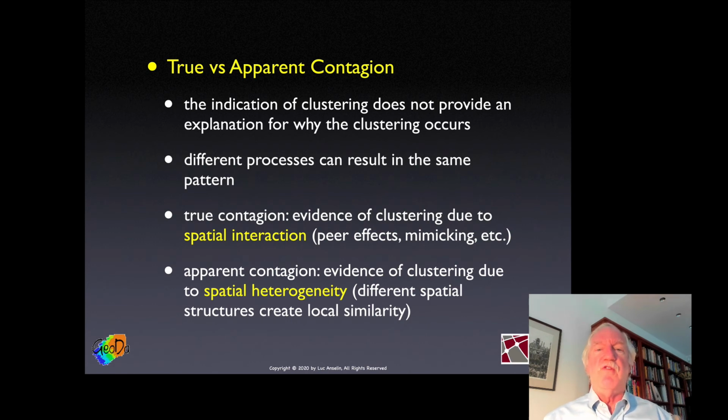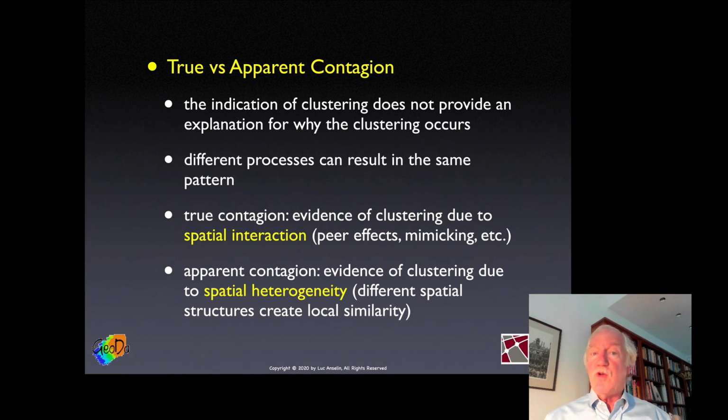These are structural differences that could result in clustering of poverty or crime or disease, for example. Or it could be a social contagion process where one gang member comes into the neighborhood and gets the neighbor kids riled up to join the gang. So you get a cluster as a result of an interaction process.